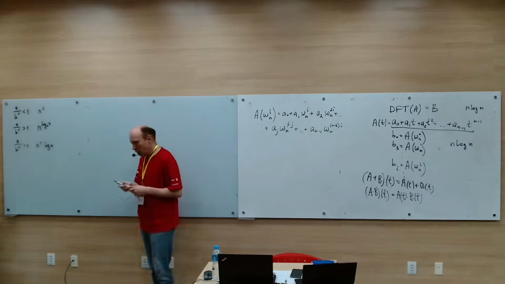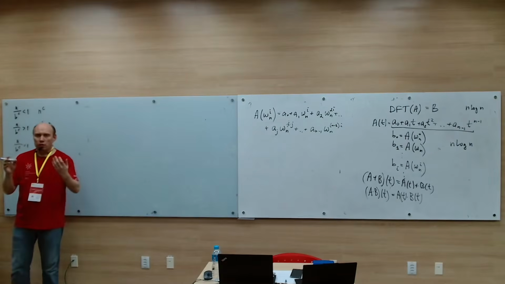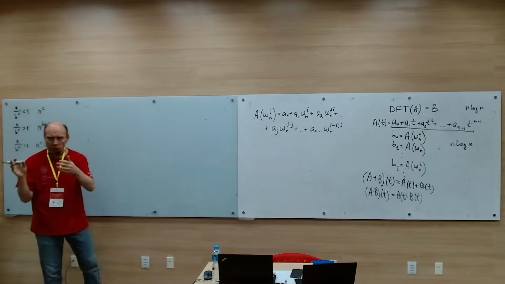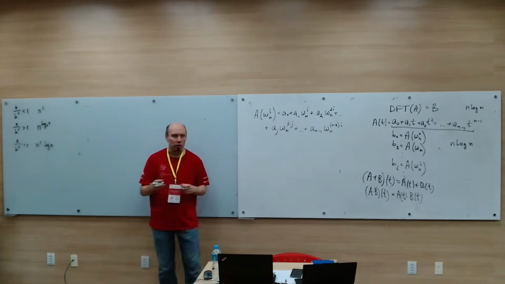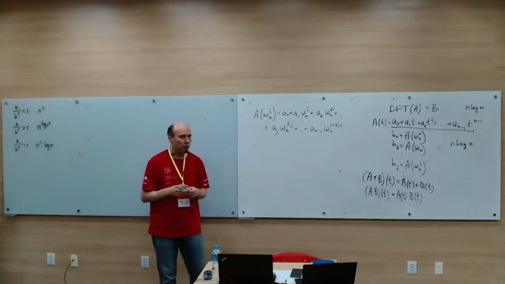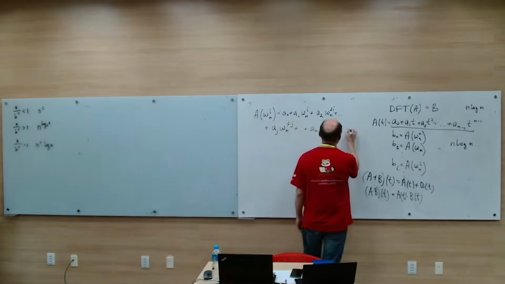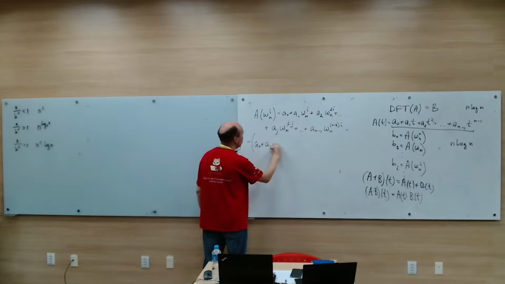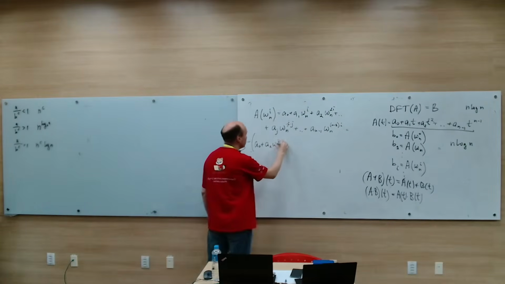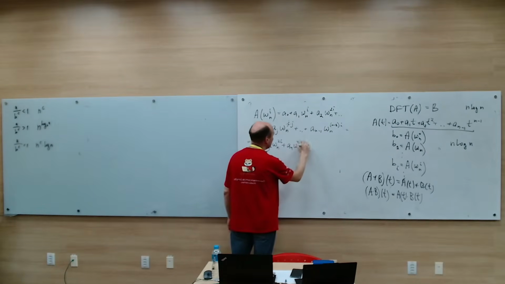So usually in divide and conquer algorithms, we split our data into two parts, the first half and the last half. But in this algorithm we will do something a little bit contrary. We will split by even and odd indices. So that would be A0 plus A2 omega n to the power of 2I plus A4 omega n to the power of 4I plus and so on.